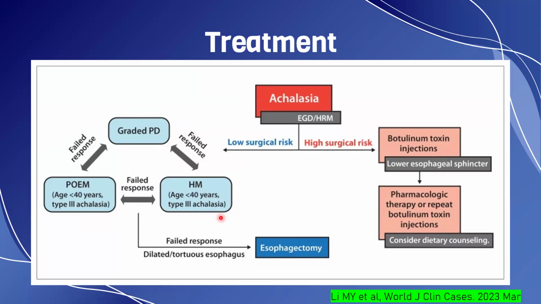And Heller's myotomy in patients who have a failed response to POEM, or vice versa. If the patient is a high surgical risk, then we can go for botulinum toxin injection at the lower esophageal sphincter, or pharmacological therapy or repeat toxin.